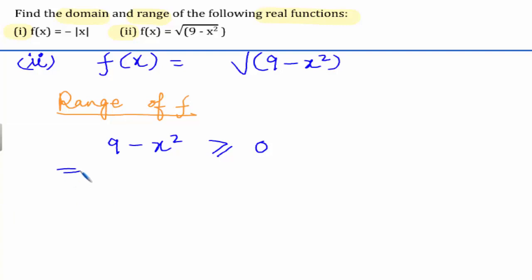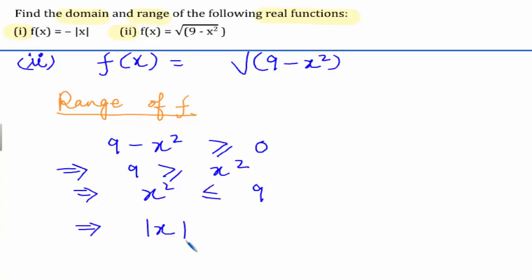This implies 9 is greater than or equal to x square, which further implies that x square is less than or equal to 9. This further implies mod x is less than or equal to 3. So this can be written as minus 3 less than or equal to x less than or equal to 3.